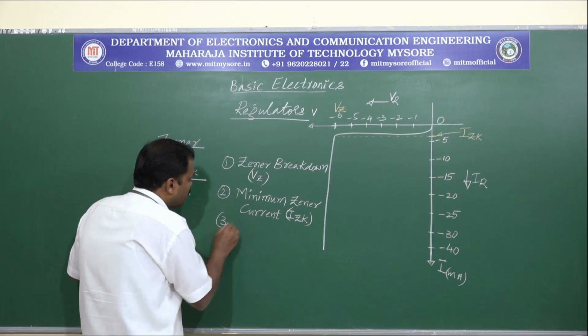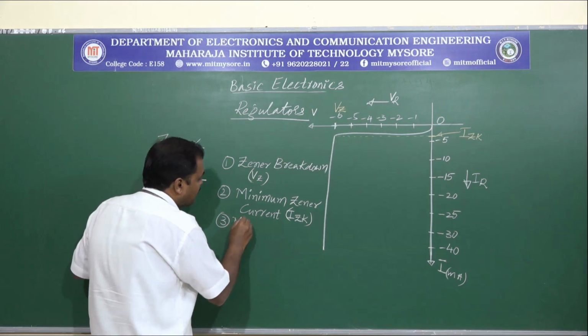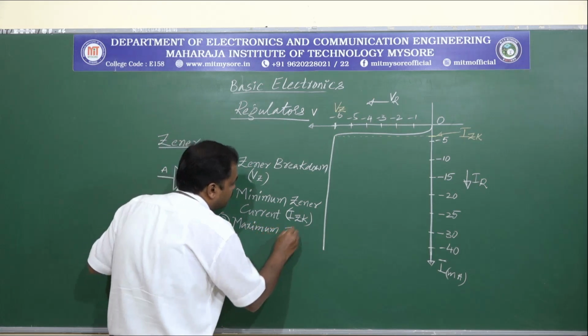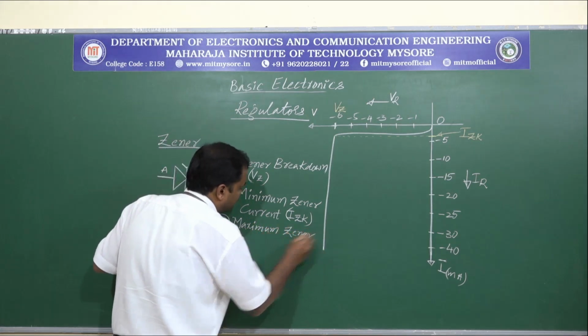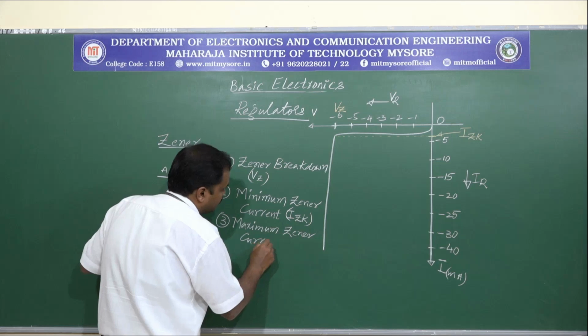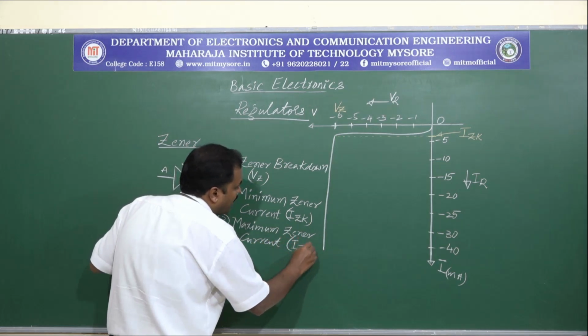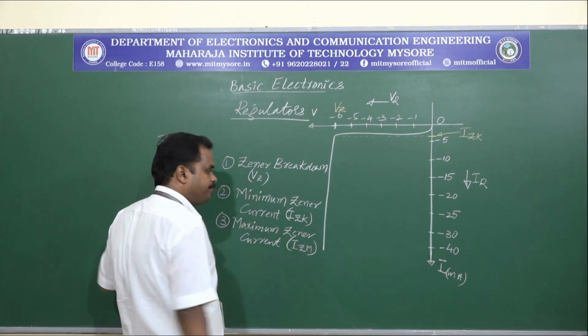The third parameter is maximum Zener current, represented as IZM.